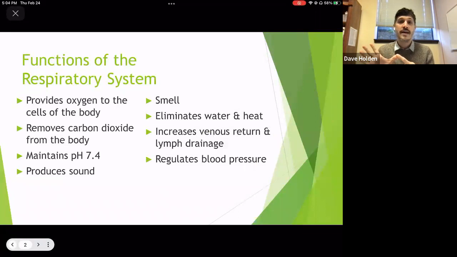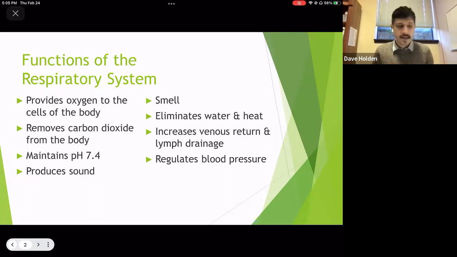We also get our sense of smell through the olfactory organ in the nasal cavity. This system is used to expel excess water and heat. We also increase venous return and lymphatic drainage. Remember last week, we said just the normal breathing movement helps push lymph on through the system. And lastly, it regulates blood pressure. So blood pressure and breathing rate will be linked to each other.